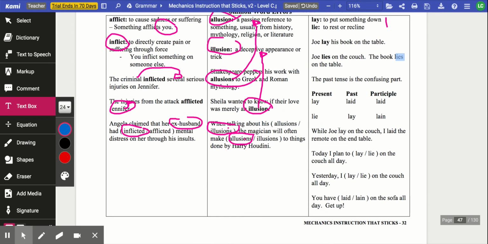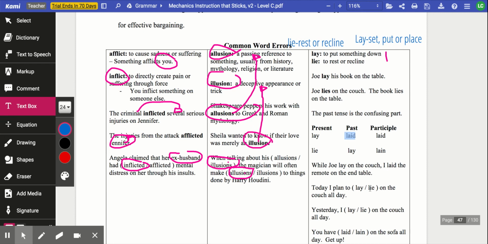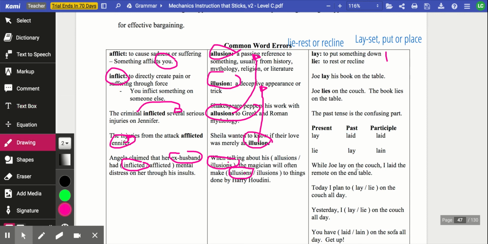While Joe lay on the couch, meaning past tense of rest or recline, I laid, set, put, or place the remote on the end table. Today I plan to set, put, or place on the couch all day, or rest and recline. I mean to rest or recline. Oh, I'm sorry, you guys. I circled the wrong one.